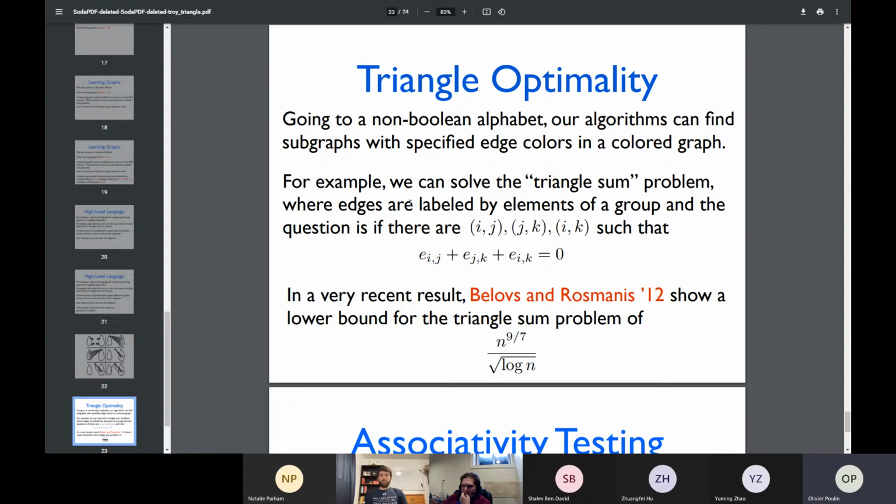For example, they show the triangle sum problem here, where they label the vertices, or sorry, the edges, and it's easy to solve with the high-level language.